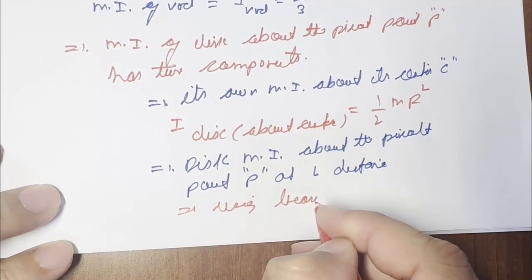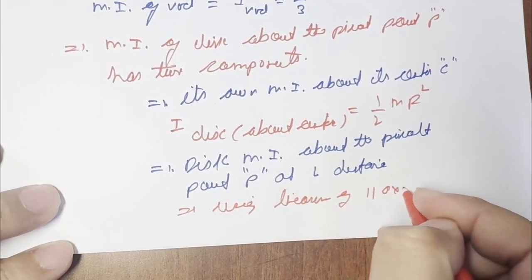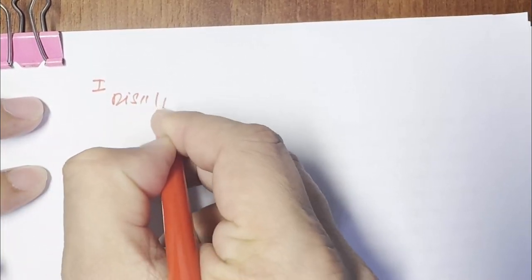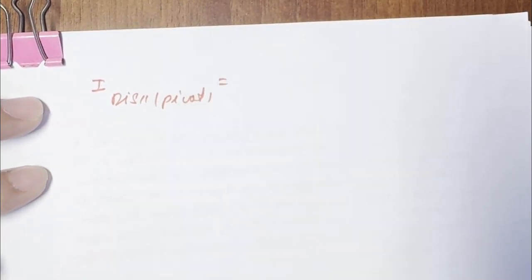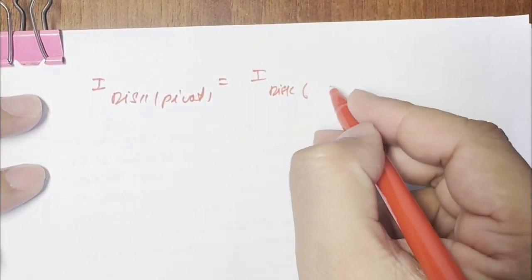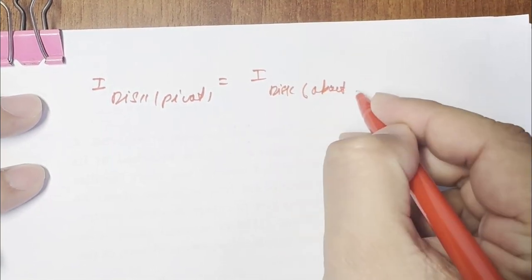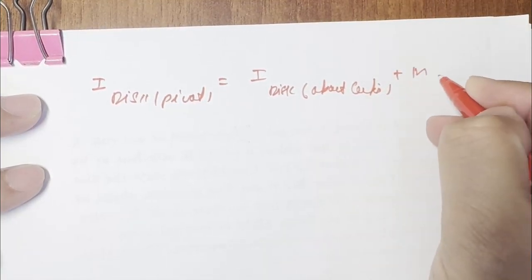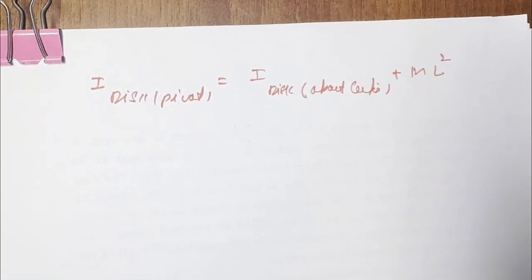Using the theorem of parallel axis, we can say its moment of inertia, that is I, of the disk about the pivot point will be equal to moment of inertia of the disk about its center plus mass times the distance between the center and the pivot point, that is m l square.